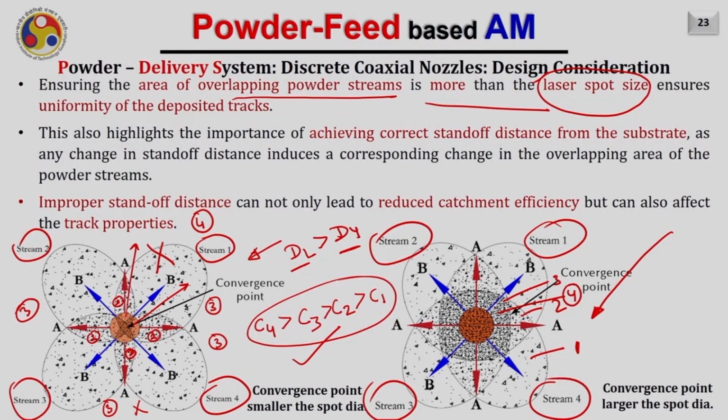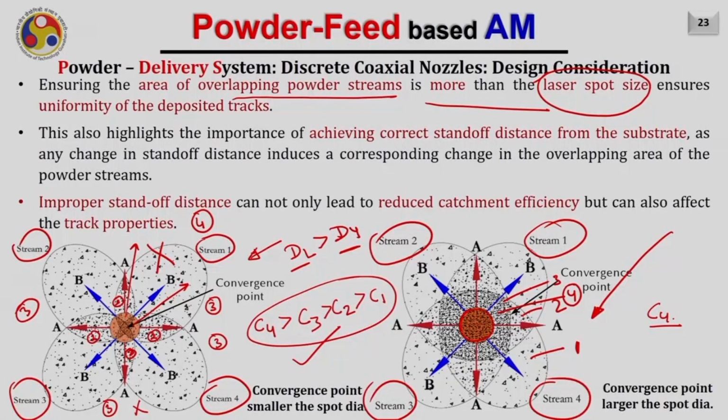So you can see, if I consider this laser spot diameter, anywhere inside this laser spot diameter, the powder concentration is C4. It is the same everywhere inside the laser spot diameter. Therefore now I can move in any direction, and the obtained property of the deposited material will be consistent if I move in any direction.